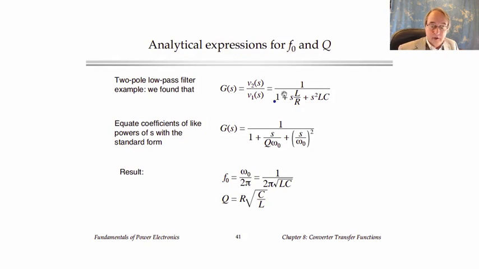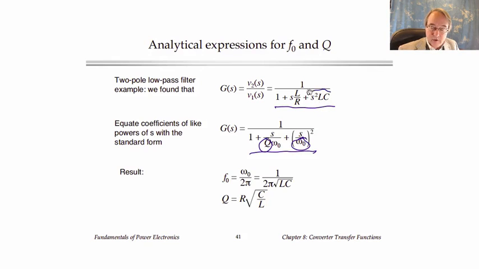Okay, so here was our original transfer function for the two-pole case. We can equate the denominator polynomial to the denominator polynomial in our standard form and get analytical expressions then for the omega naught and the Q in terms of the original component elements.